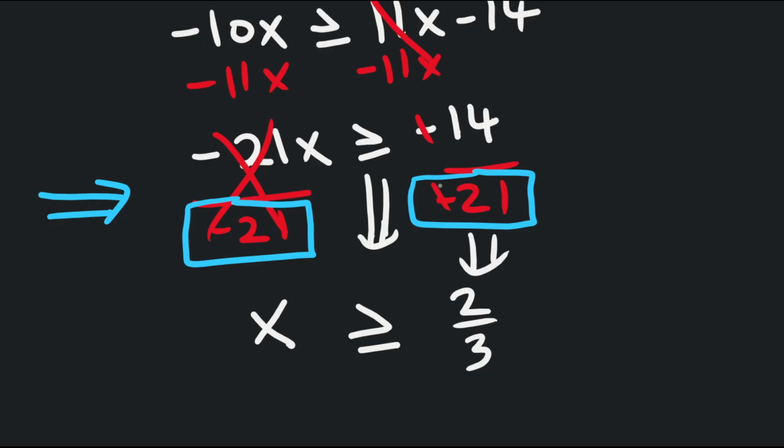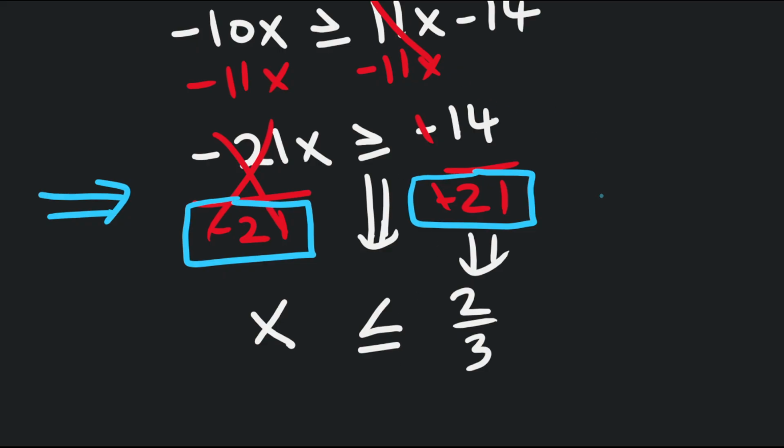So look what happened on this side of the inequality when we divided both sides by a negative number. This was originally a negative 14, and the answer became positive. So it went from a negative number to a positive number. As a result, we actually have to flip this inequality right here. It's no longer greater than or equal to. It's going to be less than or equal to.